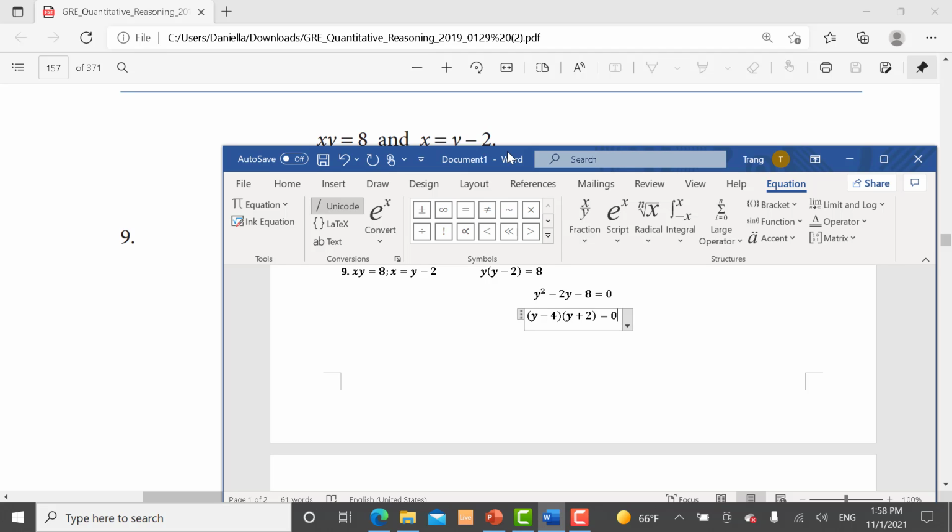Leading to, there are two cases. y is equal to 4 or y is equal to negative 2.